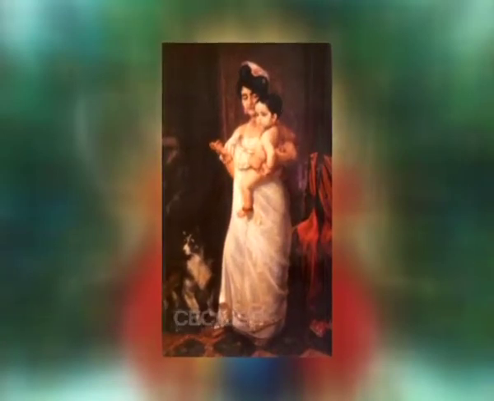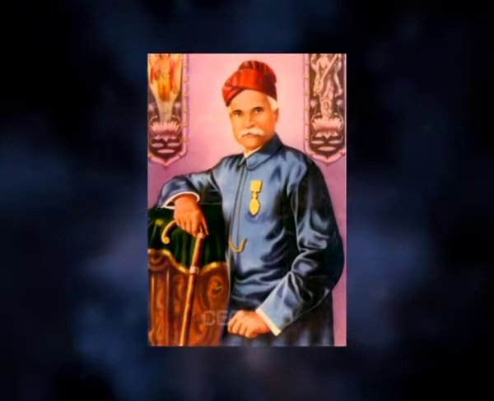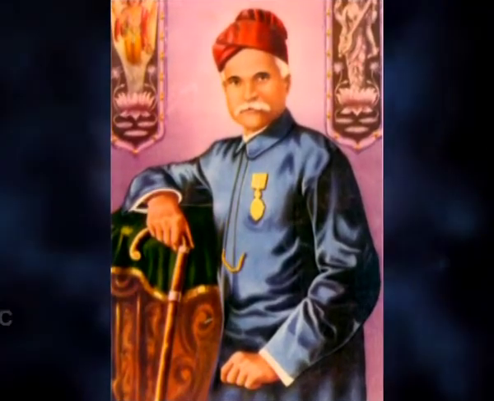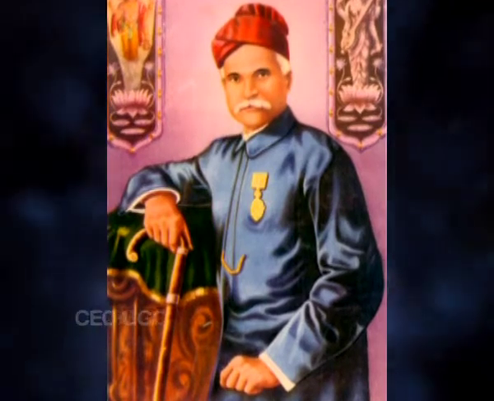Ravi Verma represented India at the World Columbian Exhibition in Chicago in 1893, one of the grandest international expositions of the late 19th century. In 1904, he was awarded the Kaiser-i-Hind Award, which until then had been solely reserved for persons of industry and trade.